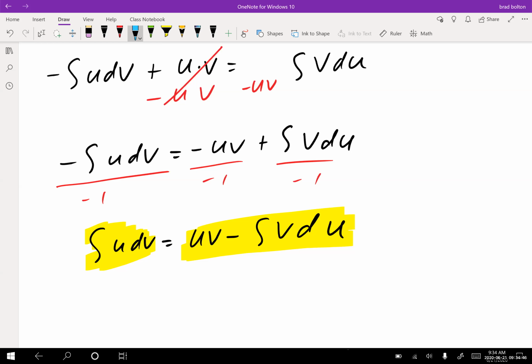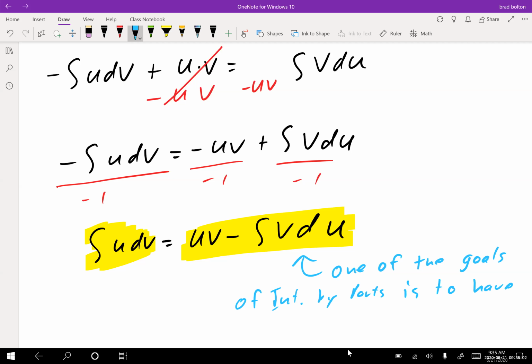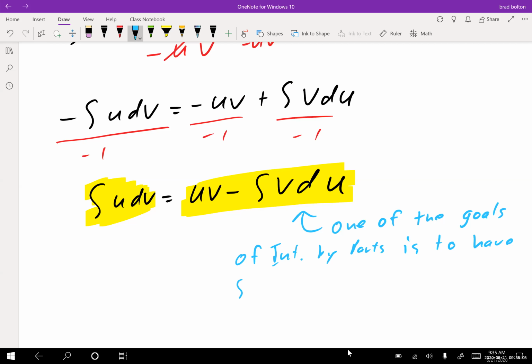Okay, now the thing I want you guys to note is that one of the goals of integration by parts is to have the integral of v du be easier than what you started with.